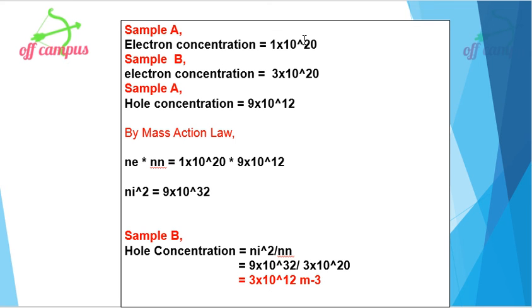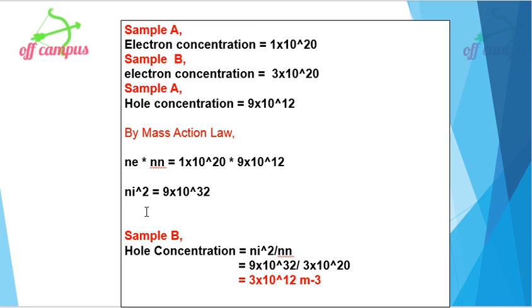For sample A, the majority is electron, 1 into 10 power 20, and the minority is hole, 9 into 10 power 12. Multiplying, 9 into 10 power, adding the powers 20 plus 12, 10 power 32, which is equal to Ni squared.